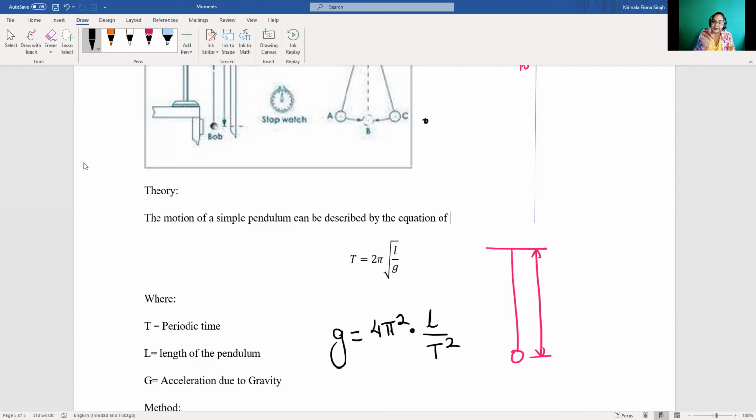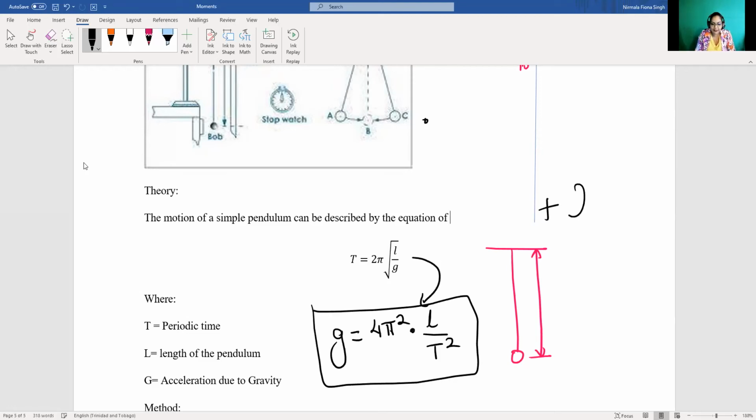Don't go and ask somebody who's done physics before to show you, because I realize looking at some people's physics labs, you have somebody helping you. I can see when people are helping you versus when you try it yourself. Helping is fine, but you have to learn to develop these skills on your own. So if anybody can show me how we get from T to making g the subject of the formula, so that means you have to go and square something and transpose and whatnot, if anybody can show me how you get this equation, I'm going to give you a bonus mark that's going to add up to the rest of your term marks. Not an SBA mark. That's unfair.